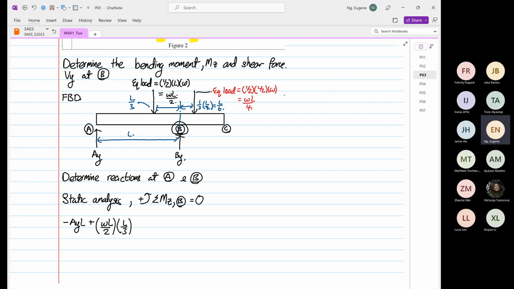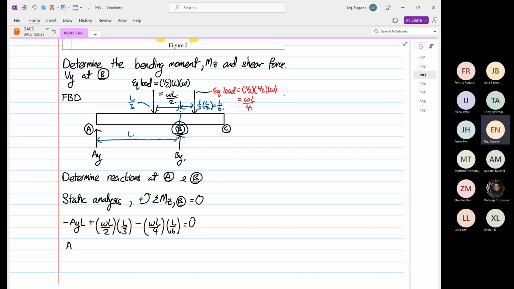And then the next one, the omega L over 4, is going to be clockwise. So it's minus omega L over 4 multiplied by L over 6. So this is equal to 0.